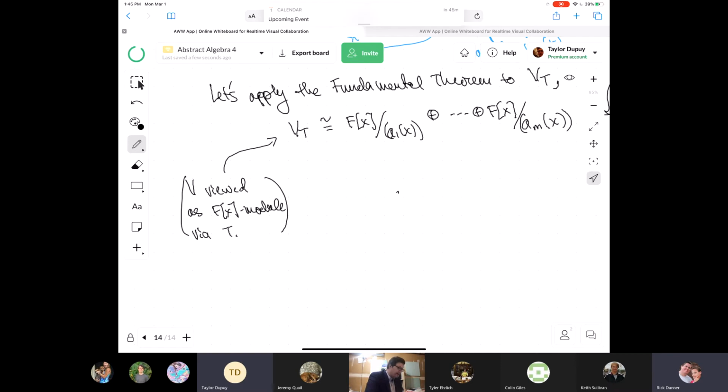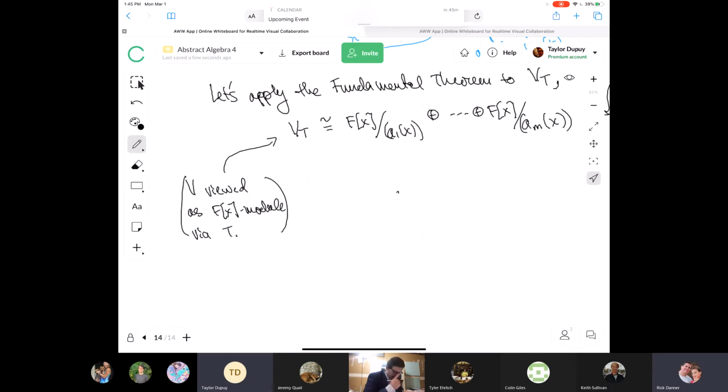That's why I put the T there, because the module structure depends on T. If I were to switch the linear operator T, then the vector space would become a different F[x]-module. Like Q^n has many different module structures that you can give it depending on the linear map you're working with.